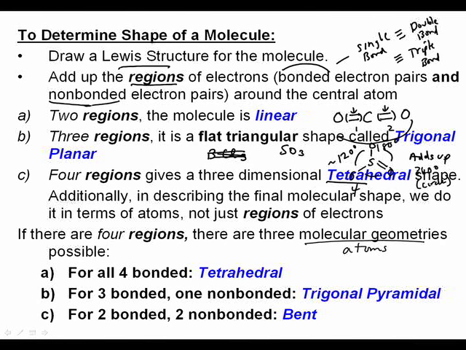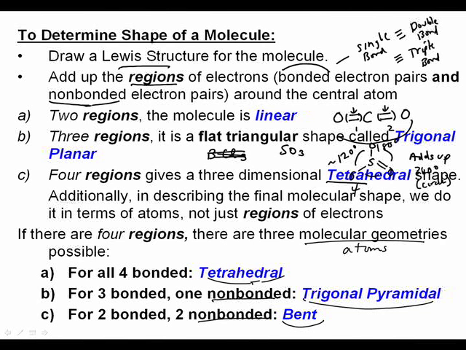So if somebody's not bonded, then he's going to affect the shape, but he's not going to be part of the overall geometry for the molecule. How do I say that?